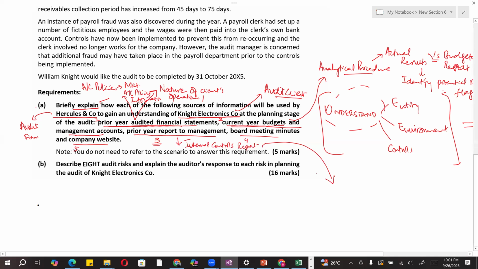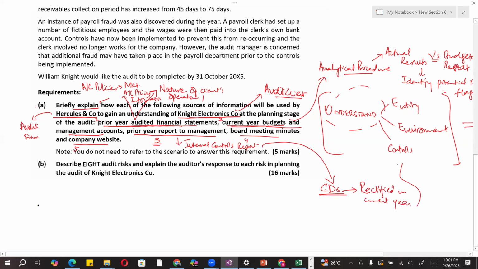So, why is this report helpful? Why would we look at the last year's report to the management? We would be interested in looking at the last year's report because it is going to help you in identifying control deficiencies that were reported last year, and whether those control deficiencies were rectified in the current year.